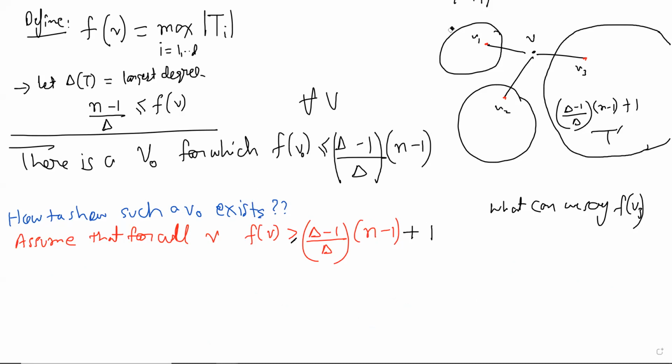Yeah, but see, the idea here is that this V3 holds the key. So what is f of V3? What should be f of V3? What can we say? Is f of V in f of V, T prime? Let me write, yeah, T prime.